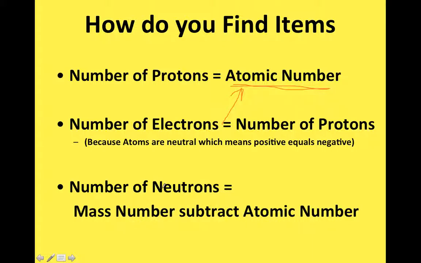Because remember, your mass number is protons plus neutrons that are in there, and your atomic number is just protons. So you're going to subtract those protons. If you take the protons away, you're left with neutrons.